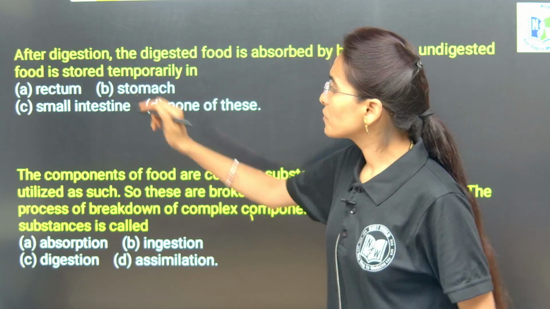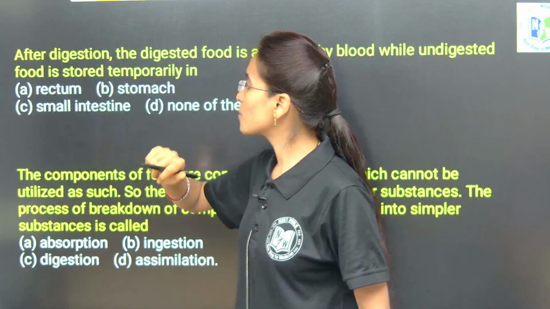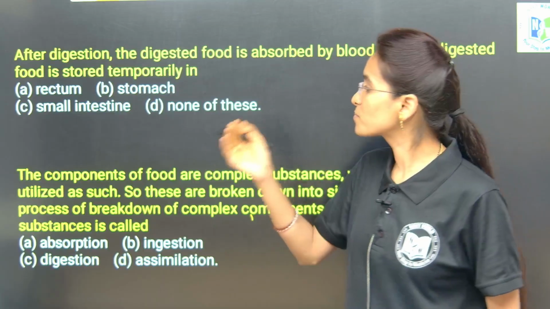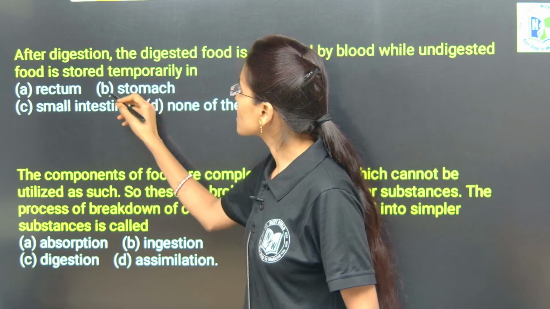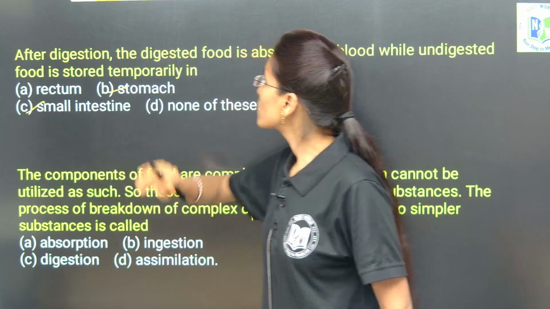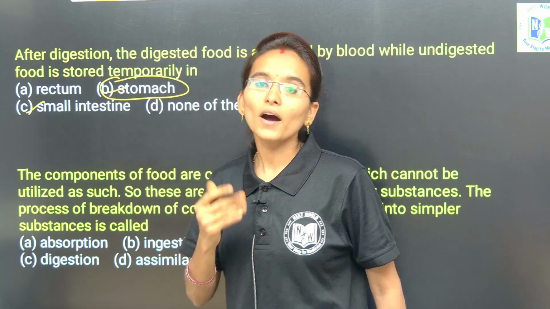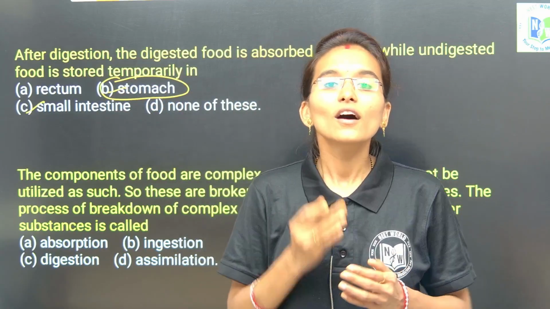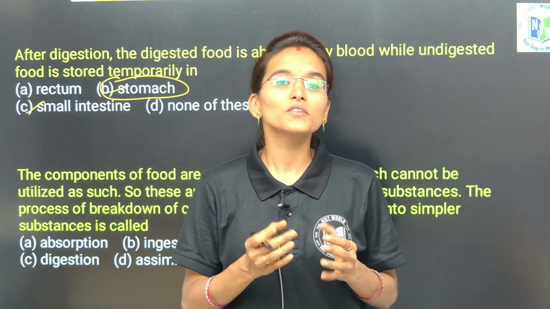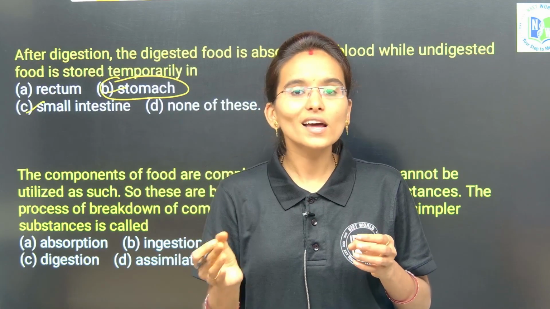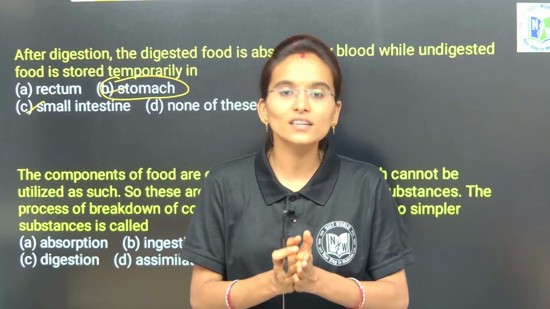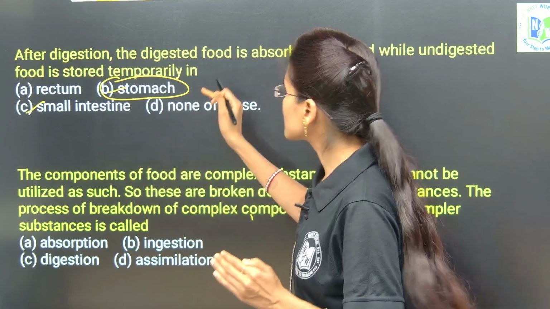Before looking into the options, first try to eliminate the options one by one. So, stomach and small intestine. The stomach is the organ where the food is stored temporarily for a while before digestion.